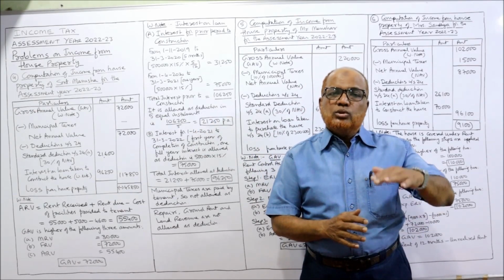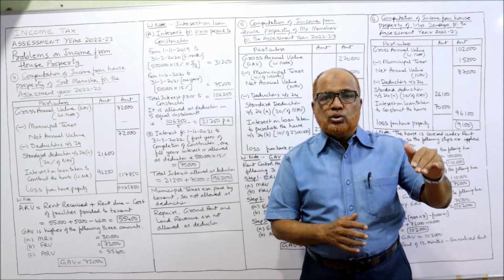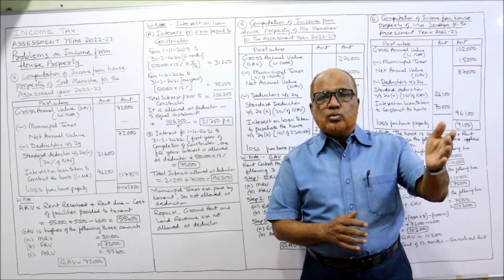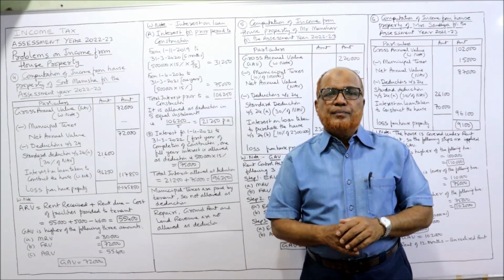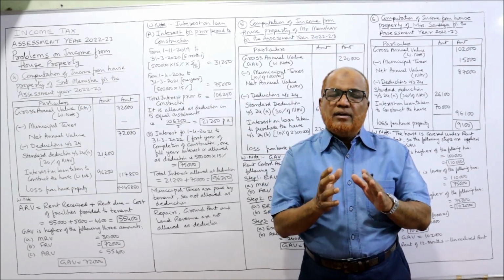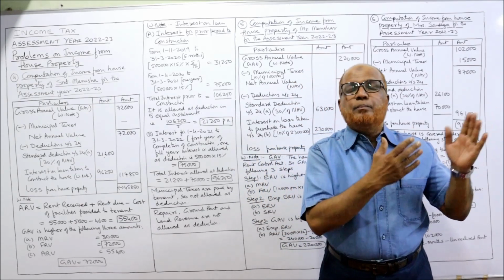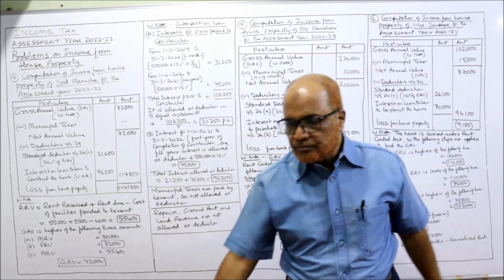So here in 2019 she has taken the loan, then 2019 to 2020, then 2020 to 2021. These are the prior period interest. And in the working note, we calculate the total interest of the prior construction period.